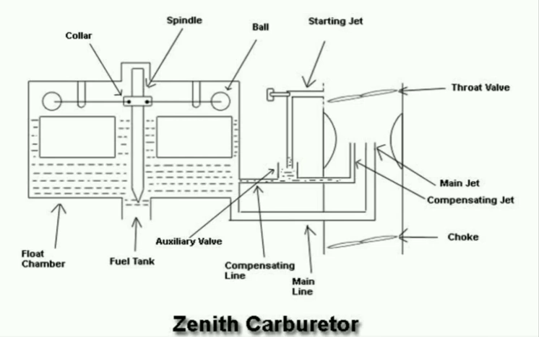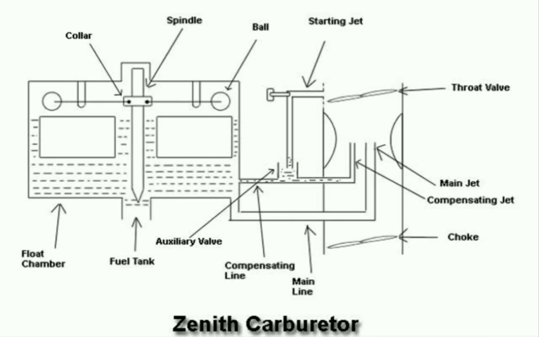A throttle valve is a valve between the carburetor and the engine which opens when fuel is needed by the engine. Fuel from the main line enters to form the air fuel mixture through the main jet. Apart from the main jet, there is also a compensating jet which compensates when more fuel is needed by the engine at high speed.